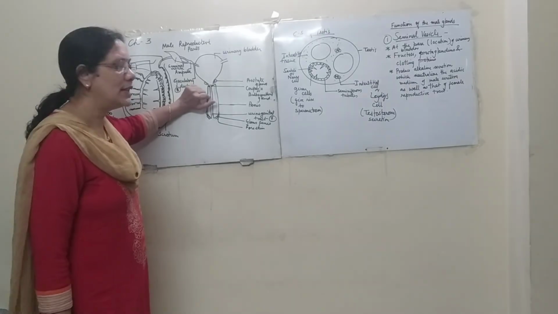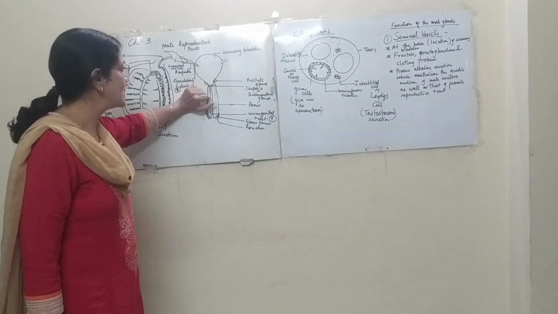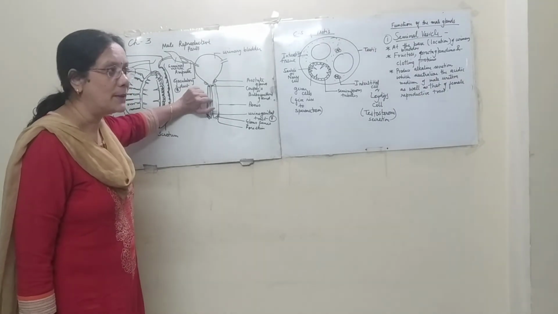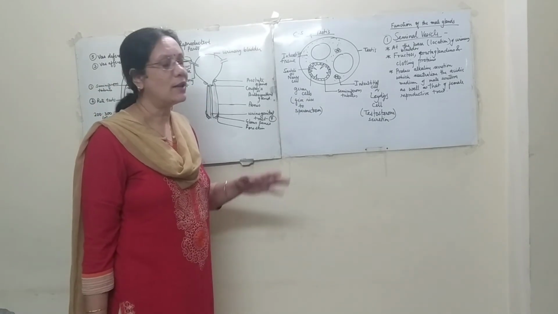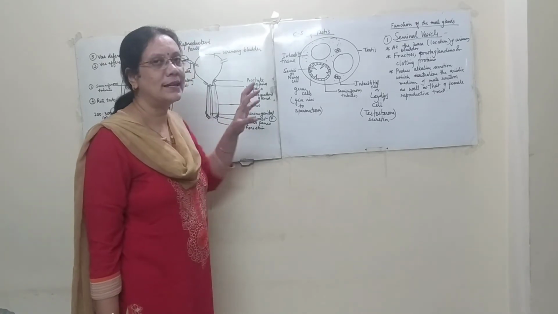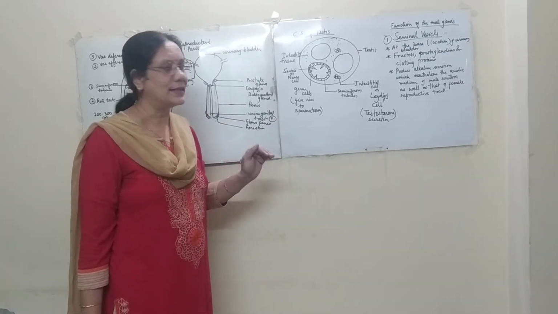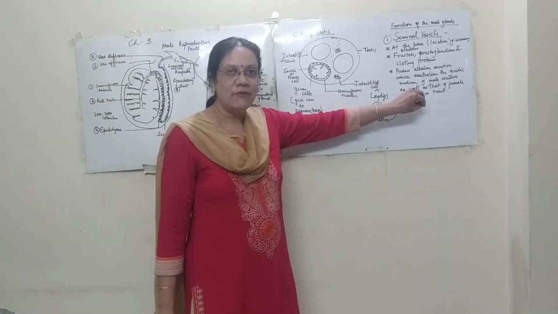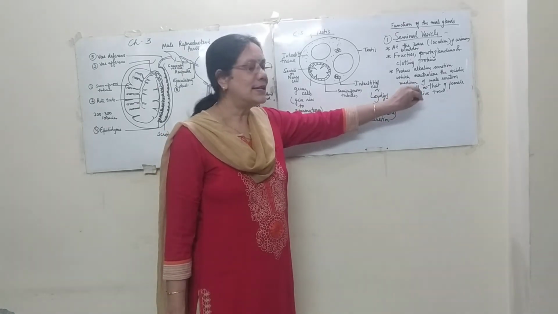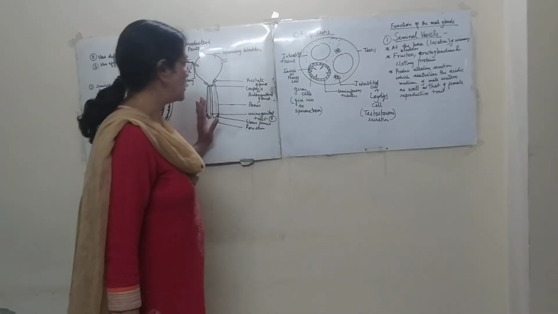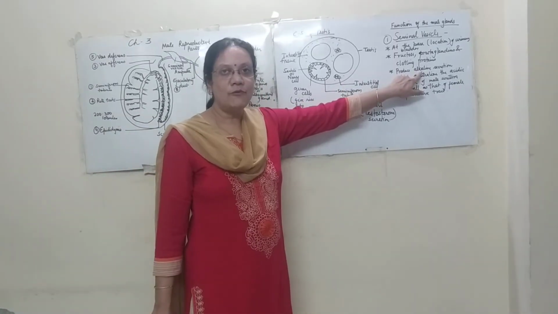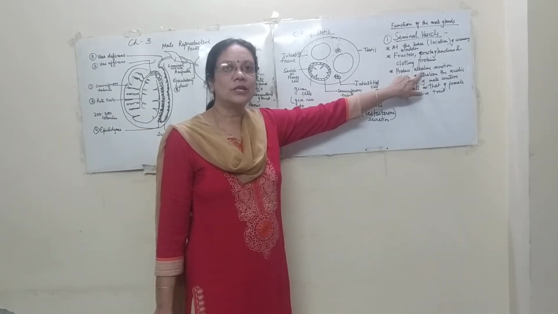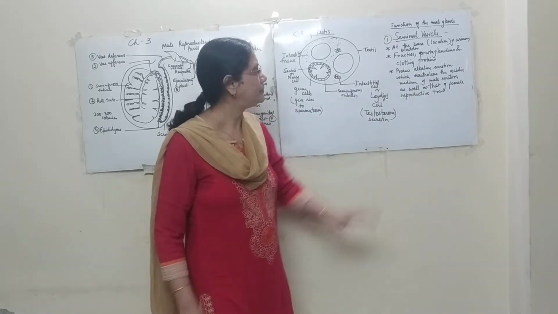So to neutralize the urine, because if it remains acidic, it is going to kill the sperm. Plus, when we study the female genital tract, we will come across that the uterus is also acidic. So for the survival of the sperm, the acidic nature of both these regions has to be neutralized, and that is why the seminal vesicle produces a solution which is alkaline in nature.